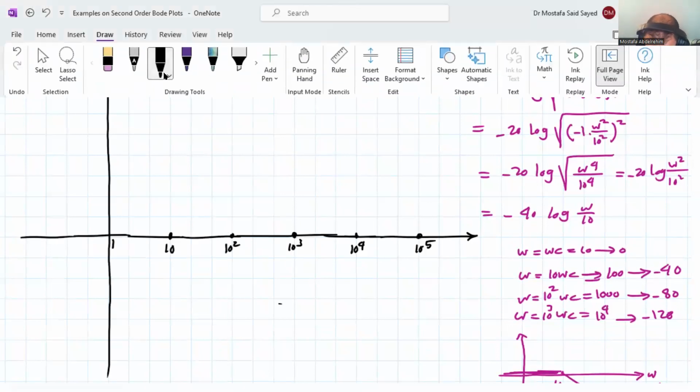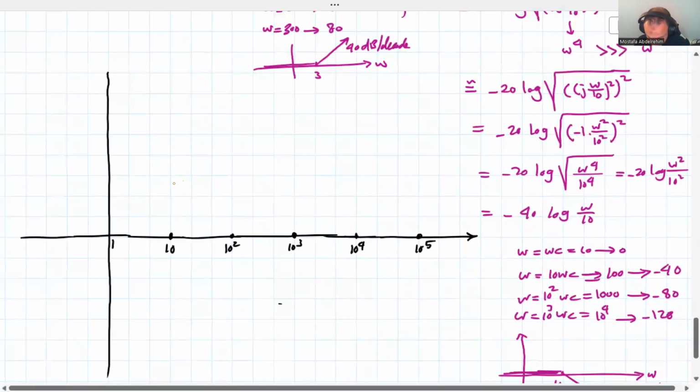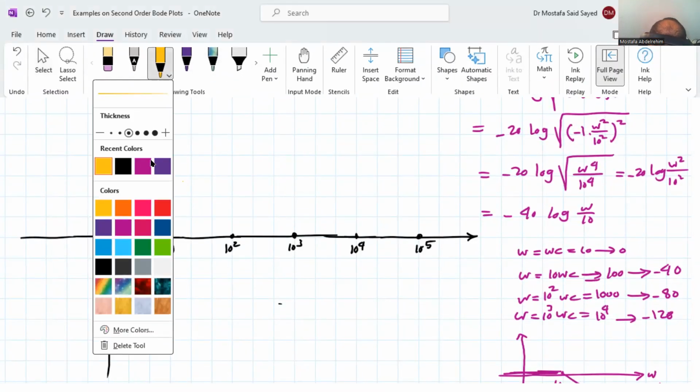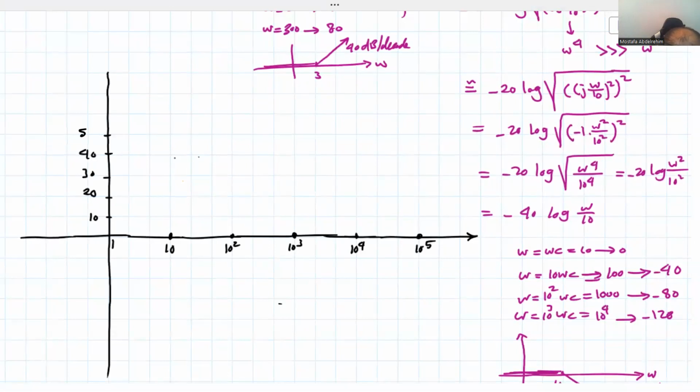Let's start with the easiest, the constant. The constant was 0, for example. Let's continue the axis: 10, 20, 30, 40, 60, and 80, minus 10, minus 20, minus 40.